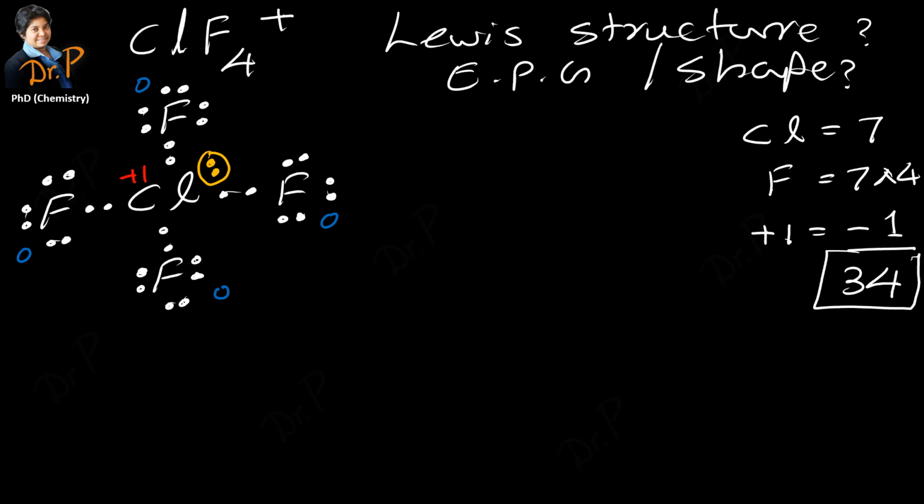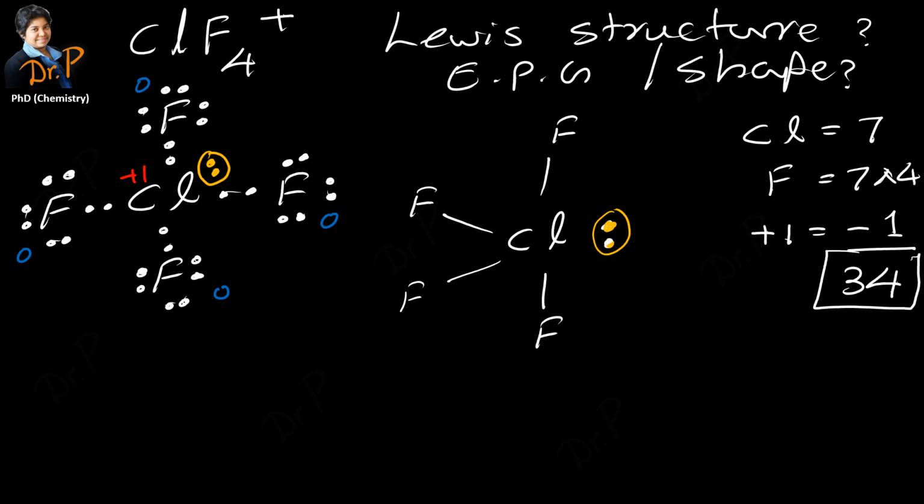We can redraw the Lewis dot dash structure of chlorine like this. Now remember, I have placed my lone pair in the trigonal plane. Actually, I should have mentioned the electron pair geometry before mentioning the trigonal plane, counting the number of repulsive units. That's 1 2 3 4 5.